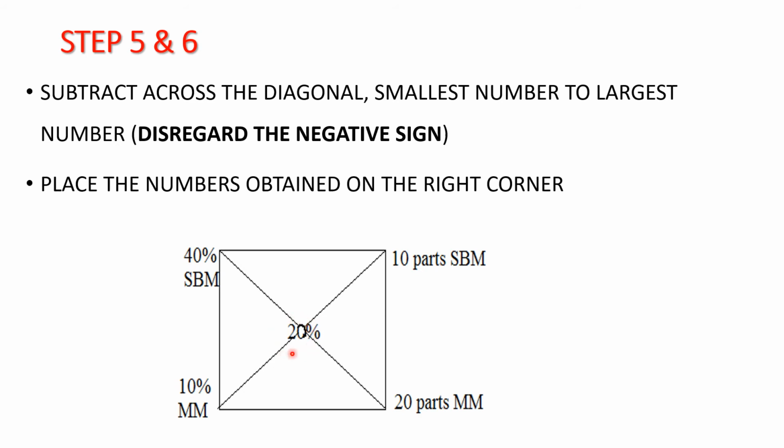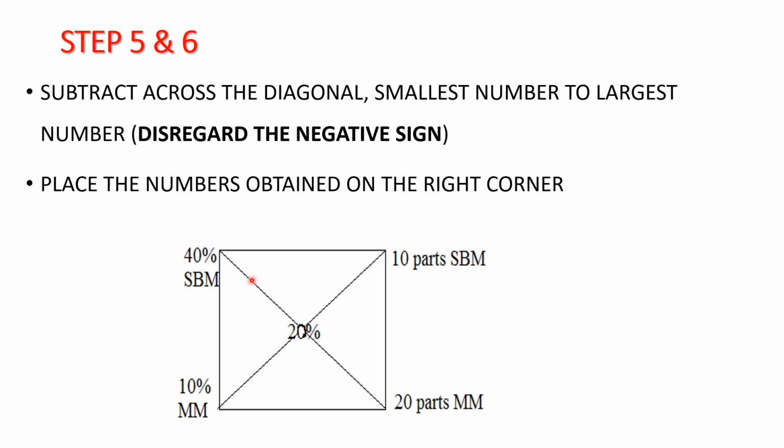So from this 20%, part should be soybean meal and part should be maize meal. If we have subtracted the part of maize meal, definitely we are remaining with the other part, which is soybean meal. That's why here we have placed soybean meal.